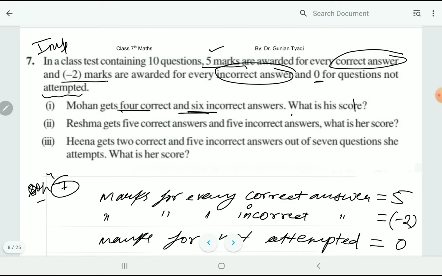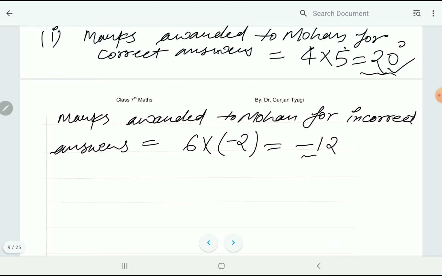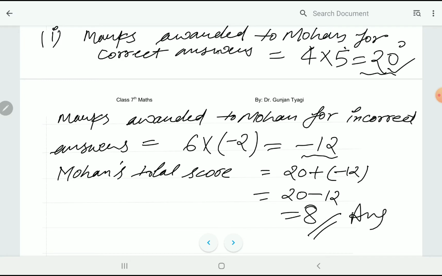And what is his score? We will add his marks for correct answers and his marks for incorrect answers. So Mohan's total score is equal to 20 plus -12, which is equal to 8. This is the answer. 8 is the marks obtained by Mohan.